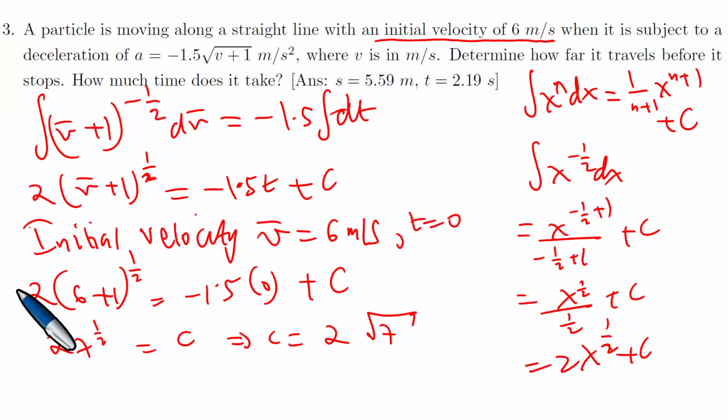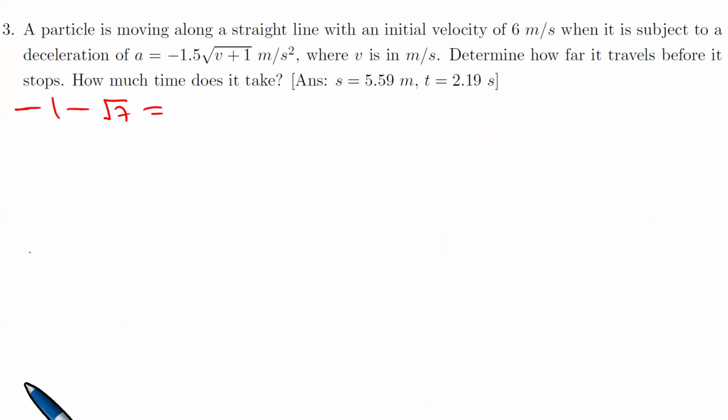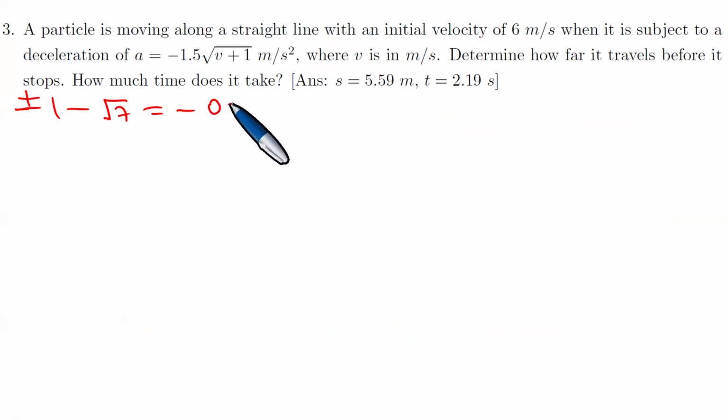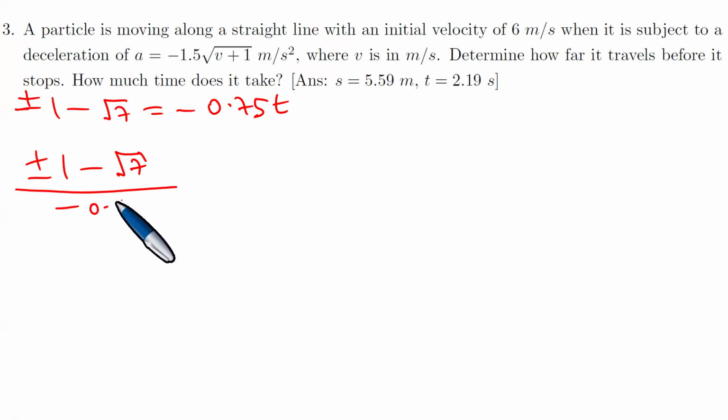Okay, plus or minus. So you divide by minus 0.75. Yeah, but in the end, we need a positive time. So we divide by minus 0.75, and then it equals t.